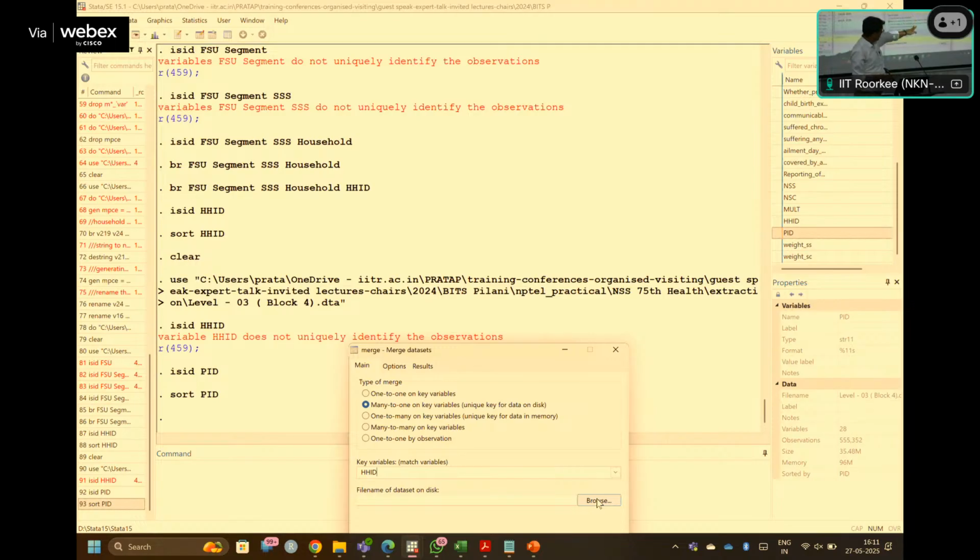Got it? Hence the observations, 5,55,352, are not going to increase. Variables will be more because we'll be adding household level variables.